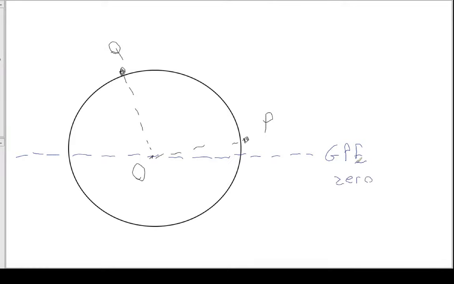Now remember, what is gravitational potential energy? It's mass times g, the gravitational constant, times height, mgh. So really the only tricky thing, because I already know the masses of these guys, is that I want to work out the height of them.